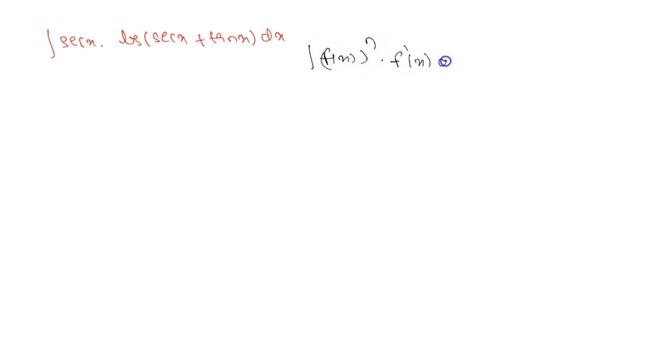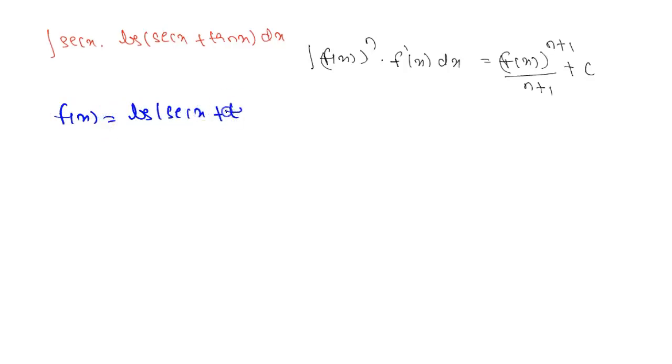is equal to f of x whole to the power n plus 1 by n plus 1 plus c. This is the formula, right? So here what I am taking, f of x is equal to log of secant x plus tan x.